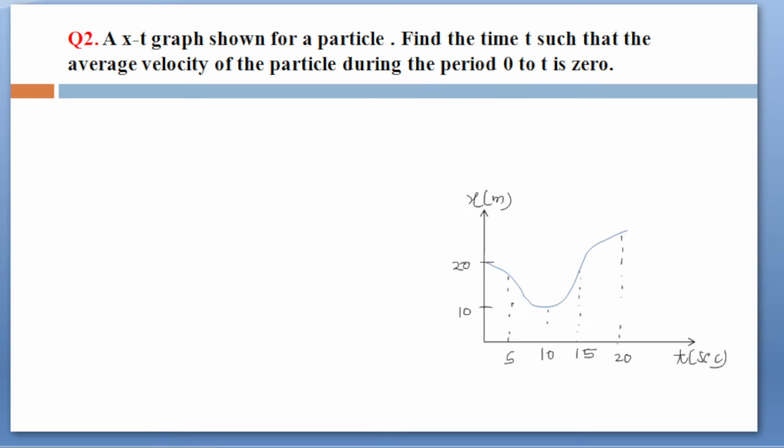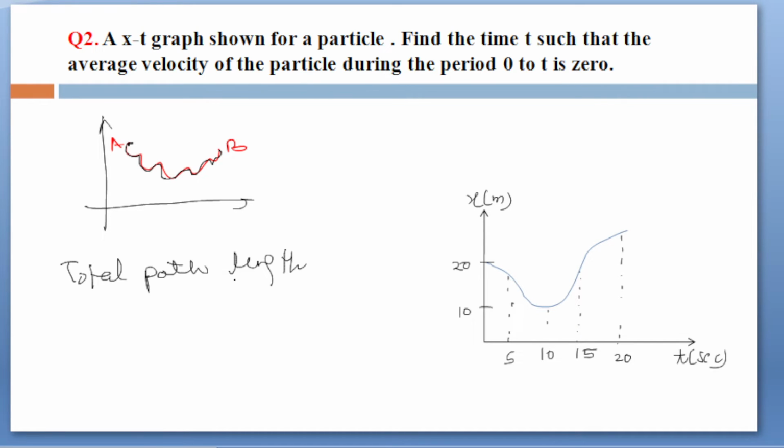So in this question we need to understand displacement and distance. If we consider a coordinate axis, if a particle moves from A to B, the total path length is equal to the distance.